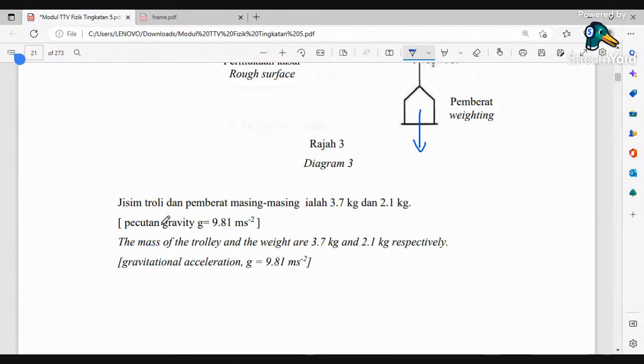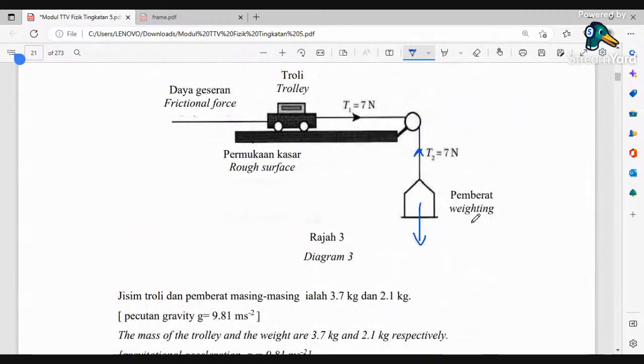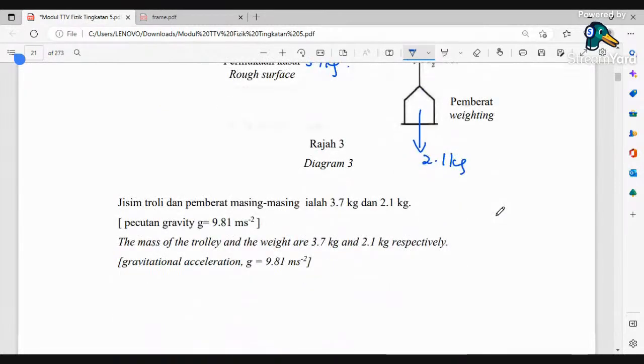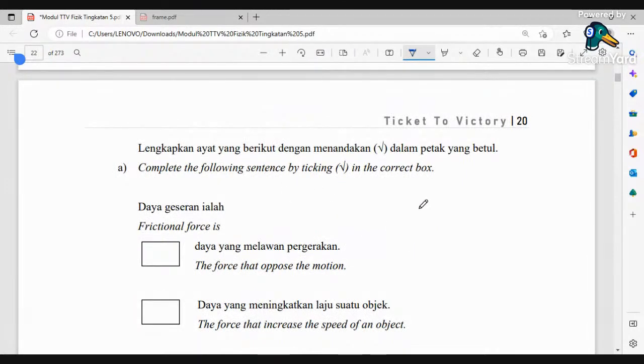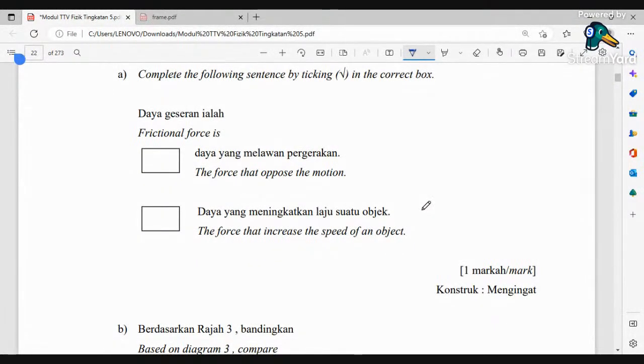The weight of the trolley and load: the load is 2.1 kilogram, the trolley is 3.7 kg. g is 9.81. Complete the following sentence by picking the correct box. Frictional force is the force that opposes the motion.